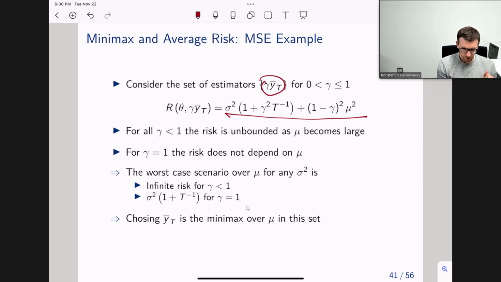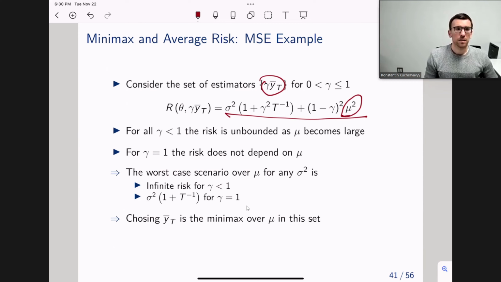Now, for any gamma less than 1, this risk is unbounded as mu becomes large. So we don't know mu, and if we choose gamma not 1, then this risk can potentially be super large if we made a mistake and we should have chosen gamma equal to 1.